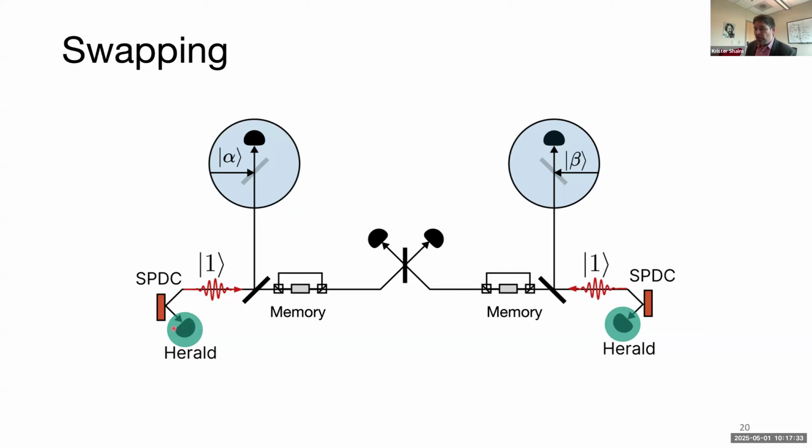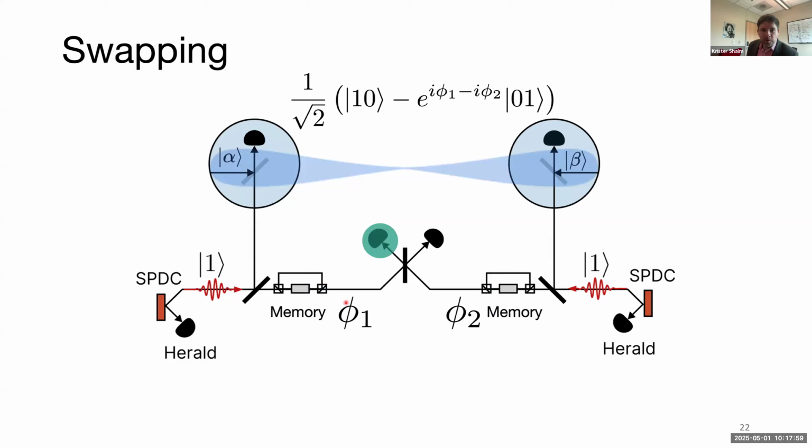We can store one of those paths in memory that go over these lossy fibers and synchronize the operation so that when both sources have produced photons, we can release them. And then if we get a heralding event, a single click in the middle, then we can generate our photons. We can do our measurements on our qubits at the end.